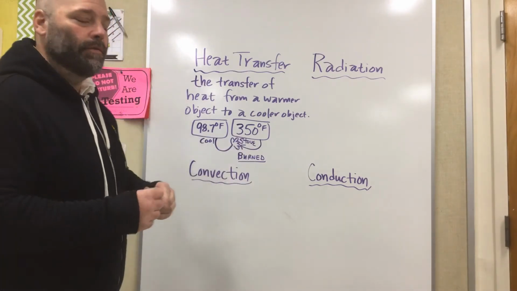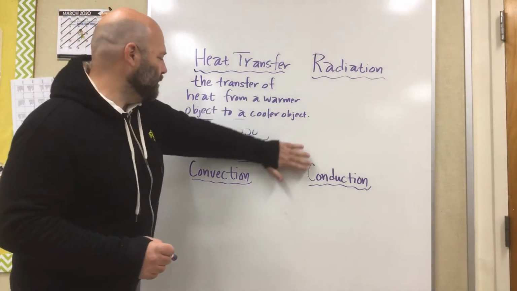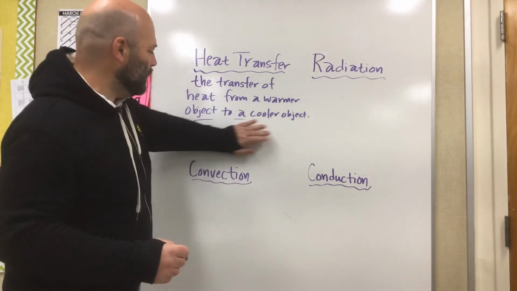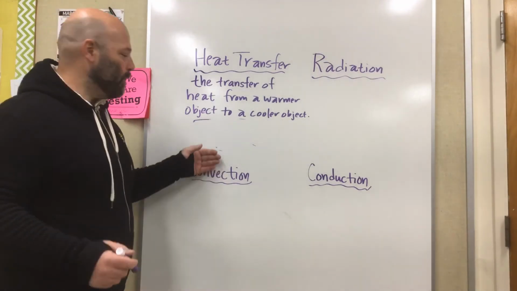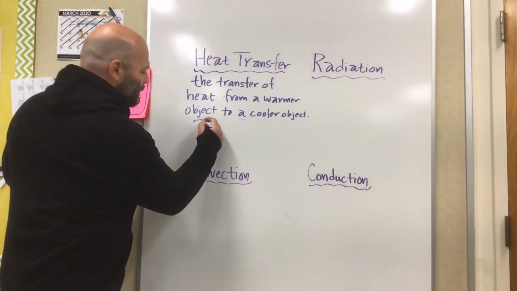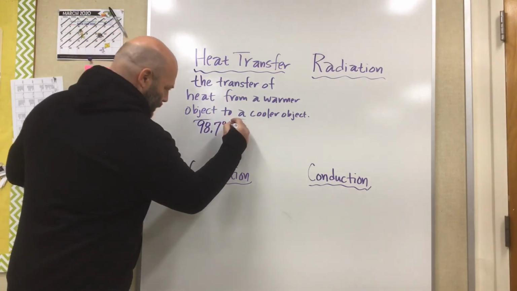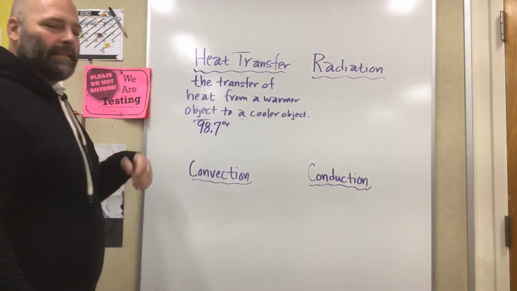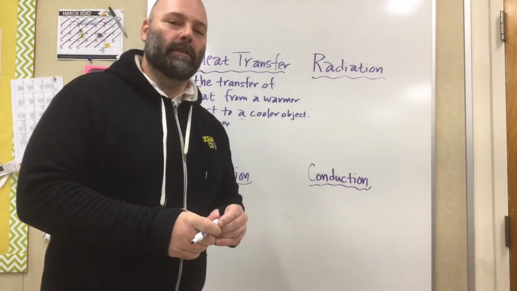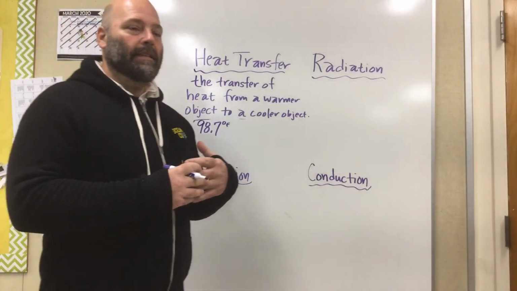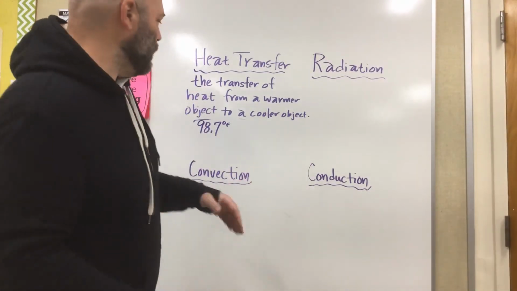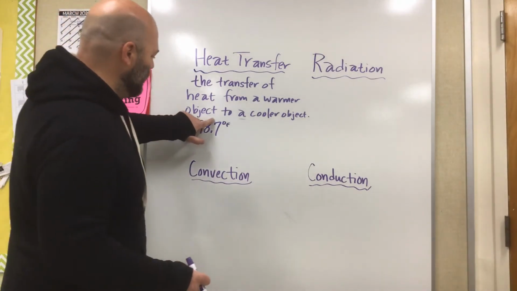Now let's use your body heat again, and then we're going to talk about something a little different. So what did we say our body heat was? Most people's average is 98.7 degrees Fahrenheit. All right. Let's take something that's going to be cold. This is a good example too. Let's take a piece of ice. All right. So you're sitting here almost 98, 99 degrees.